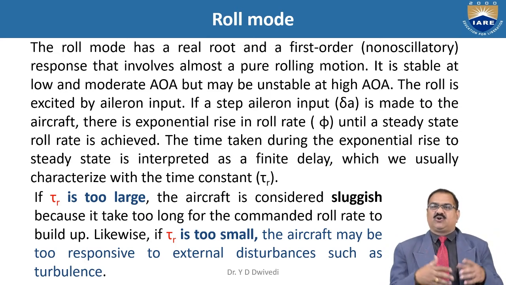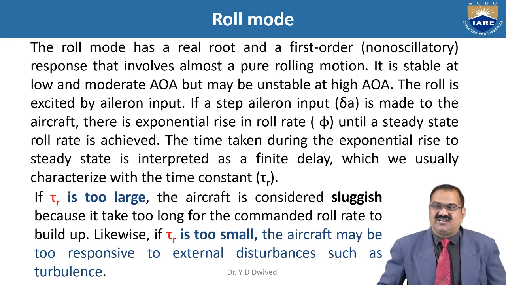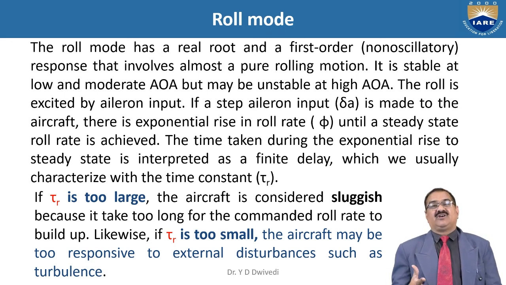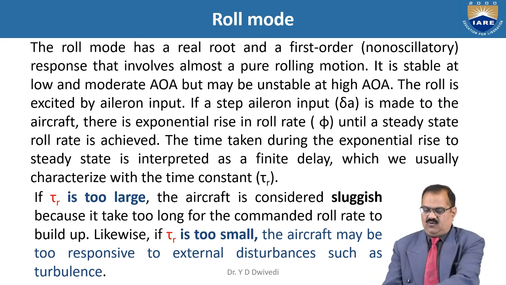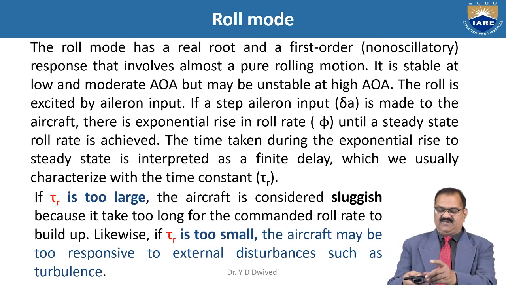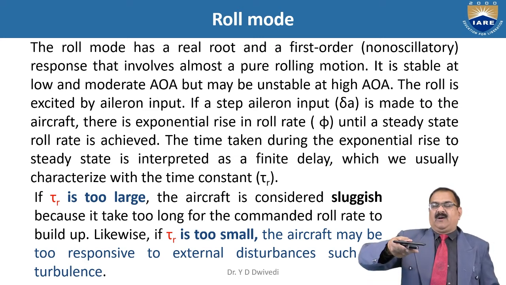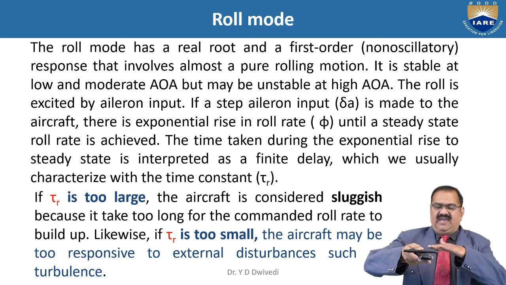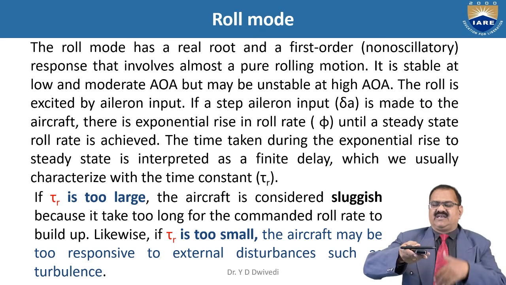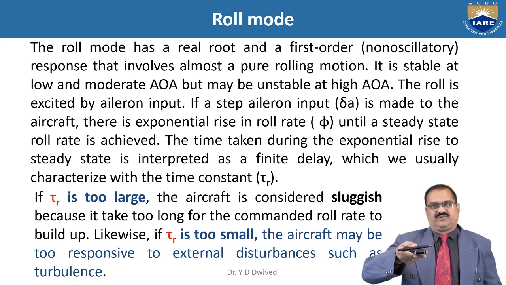The aircraft may be too responsive to external disturbances such as turbulence. If the aircraft is flying like this, the pilot has rolled, and it is vibrating like this, if any gust has come and it starts shaking, it is not good.